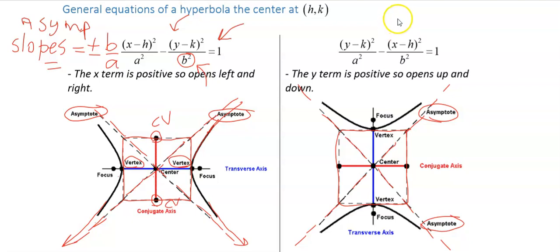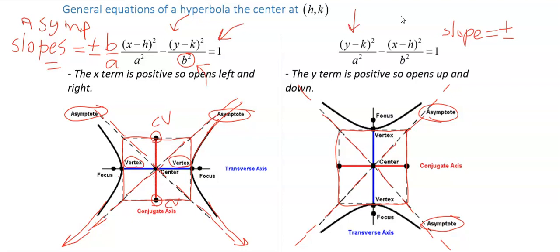Come over to the one on the right. The asymptote slopes are equal to plus and minus. I mean, think about this. You can get the slopes of the asymptotes without doing one single calculation. No calculation is required. Now, again, here's the y squared term.